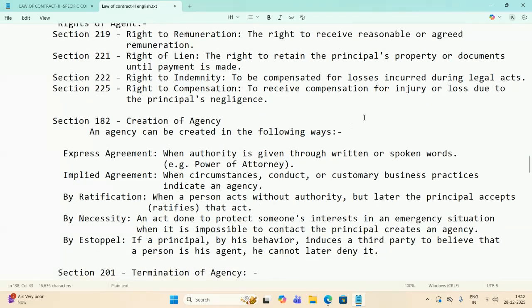Now, coming to creation of an agency. Section 182. An agency can be created in the following ways. Express agreement, when authority is given through written or spoken words, that is power of attorney. Implied agreement, when circumstances, conduct, or customary business practices indicate agency.